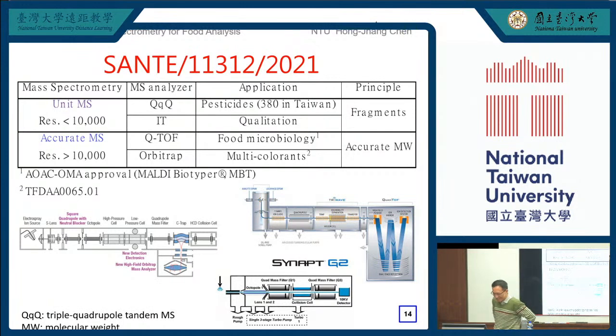It depends on what kind of analysis that we want to conduct. That's because of the duty cycle, the working time. The quadrupole is a very, very fast mass analyzer, and the Orbitrap is a slower mass analyzer. So when the Orbitrap does its duty, there is a lot of time for the quadrupole to do more.